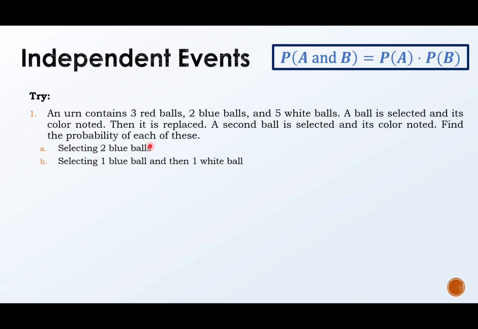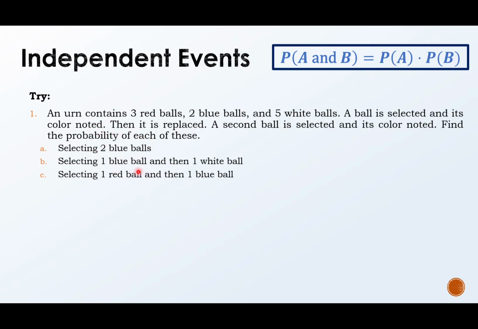The first draw is one blue ball. The second draw is one white ball. What's the probability? Next is selecting one red ball and then one blue ball. Did you see it? I hope not yet. Try to solve it on your own first.